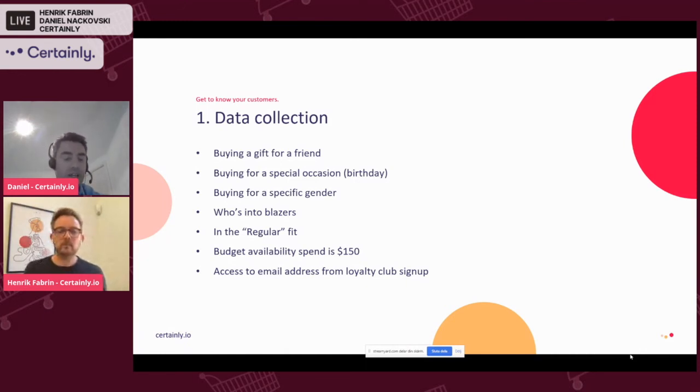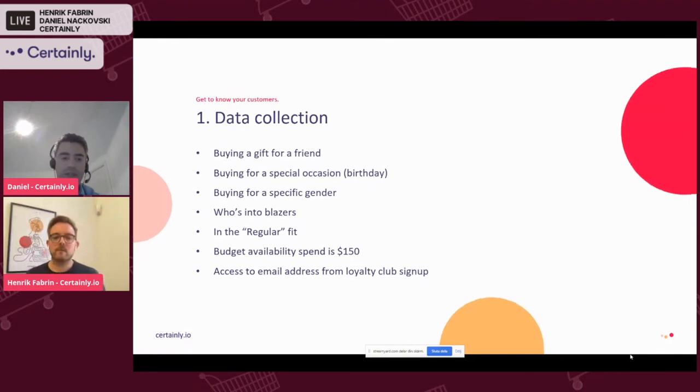And it also understands what type of budget I have available. And at the end, as you remember, suddenly I got access to the email address and I signed this person up to the membership club. So via a very simple interaction, if you use this intelligently and in a witty way, you can have your customers willingly give you information that you did not have in the past in order to help them find what they're looking for. So that's the first element.